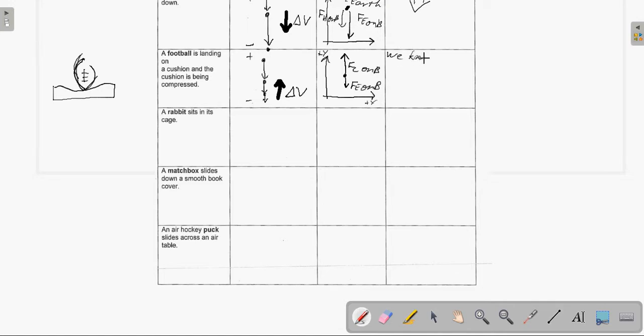We know because the unbalanced force is up and the ball is moving, and I'm going to go off here because it's hard to write small on this thing, in the negative direction and coming to a stop.